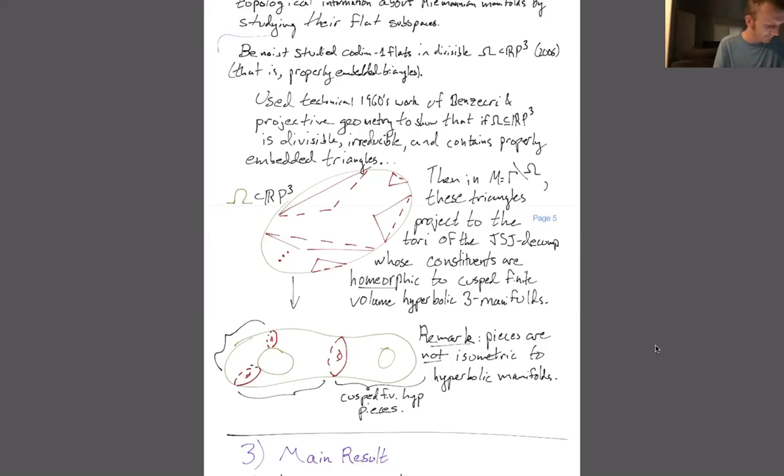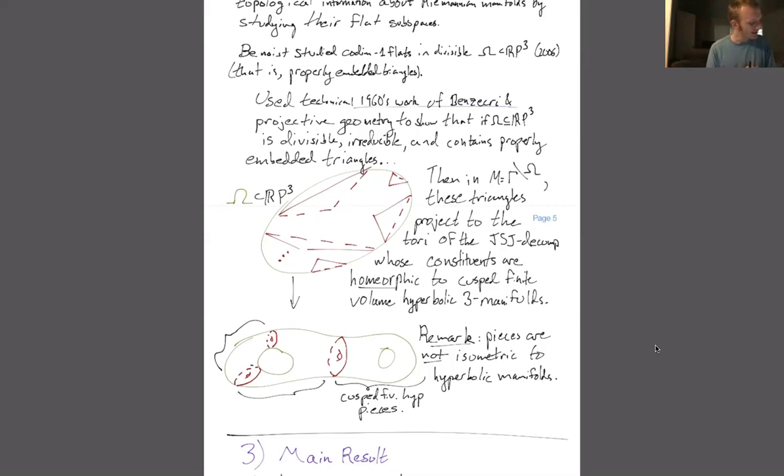So the idea is that he took this work of Benzécri from the 1960s, who was studying convex projective domains as a set, which is amazing and confusing.